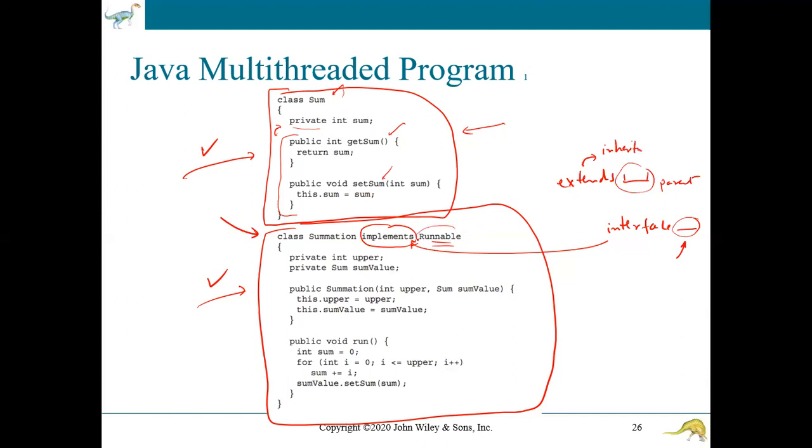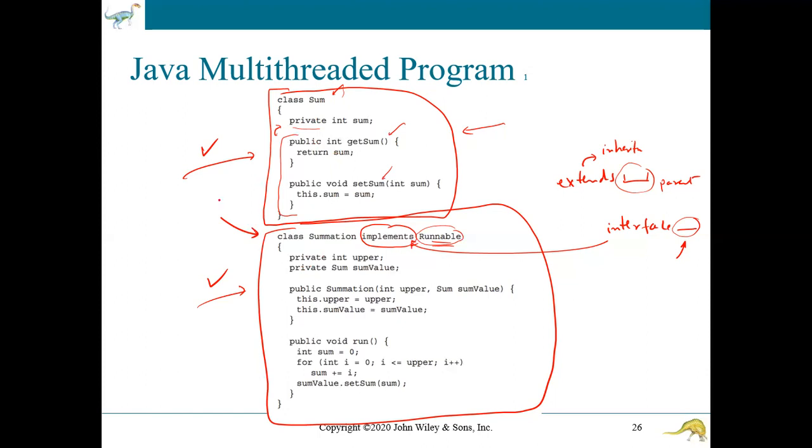You just write down Runnable. And Runnable is associated with a thread, like I told you earlier. So that means you will be able to use thread through Summation.